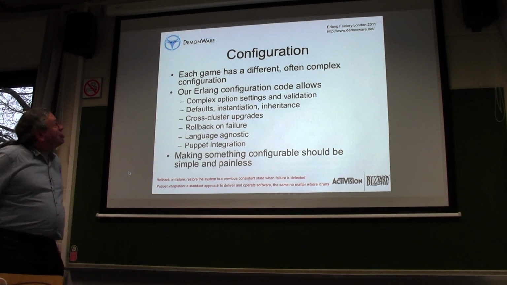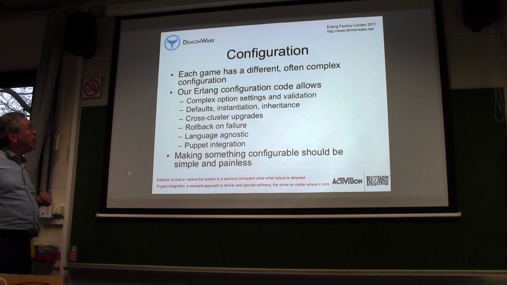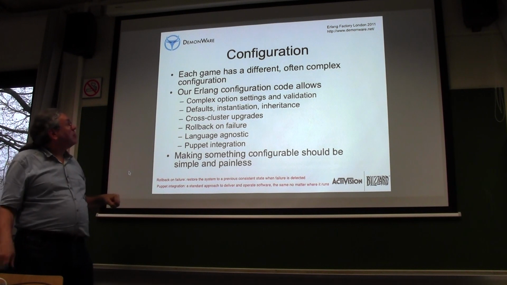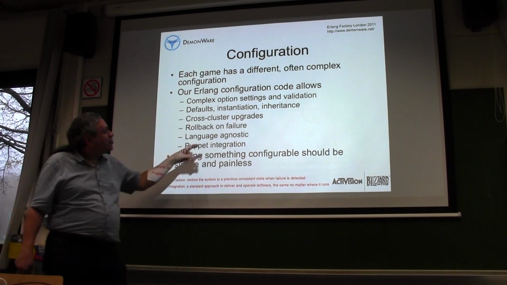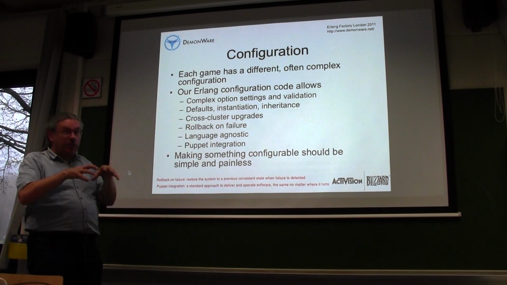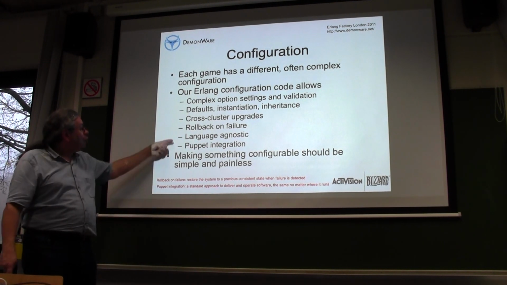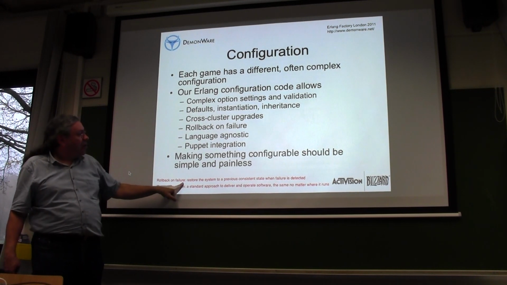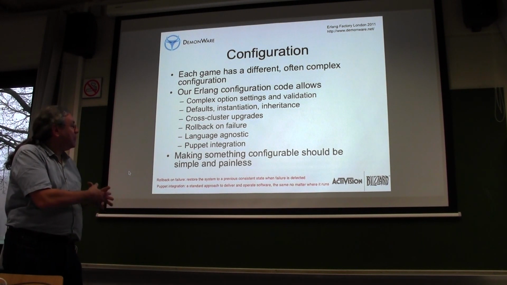Okay. Each game has a different configuration. It can be very complicated. All different pieces have to be connected together in the right way. And so the Erlang code handles all this game configuration with all the different options, the defaults, instantiation, inheritance if you want to connect one configuration depending on another one, upgrades between clusters, rollback on failure. So this is nice. So rollback on failure, when there's a failure, the system goes back to a previous consistent state.